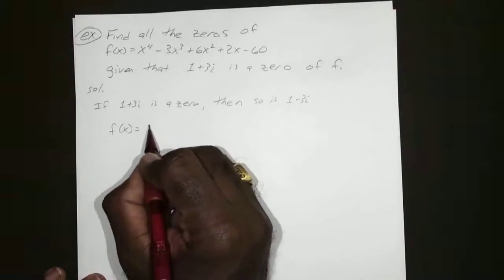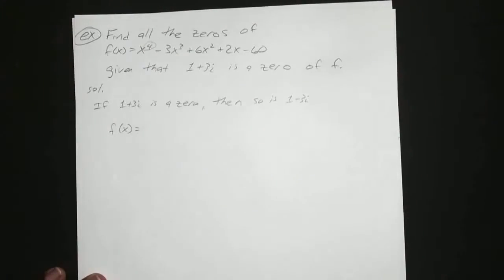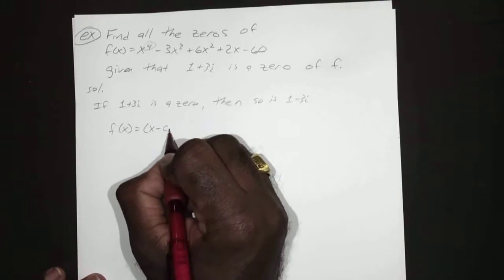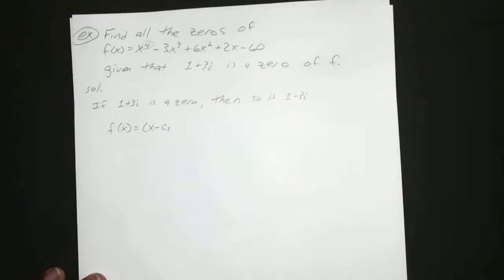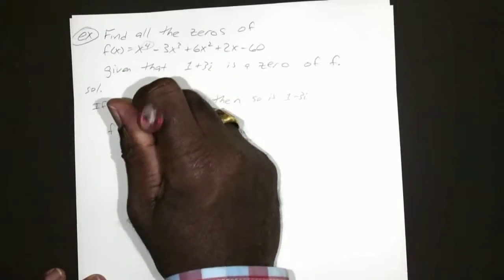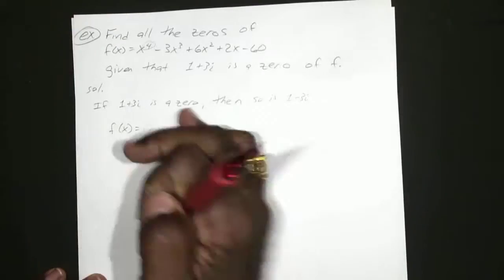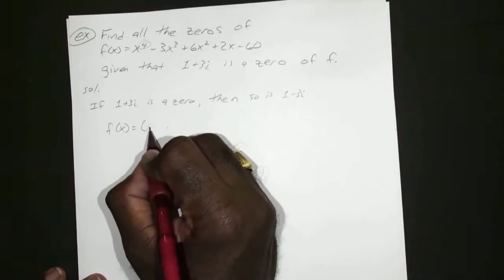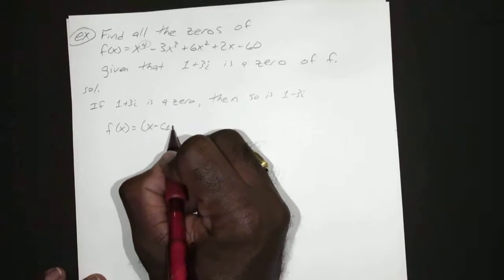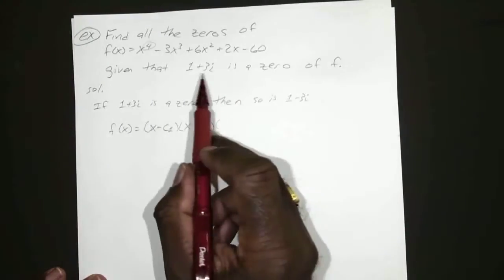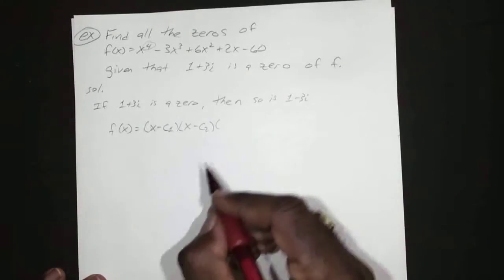where f of x is going to equal, it's to the 4th power, so it's the 4th degree. So it's x minus, we'll call it, oh, forgot our a. Nope, actually there is no lead coefficient, so you don't need an a. So x minus c1 times x minus c2, and we have our other two zeros.